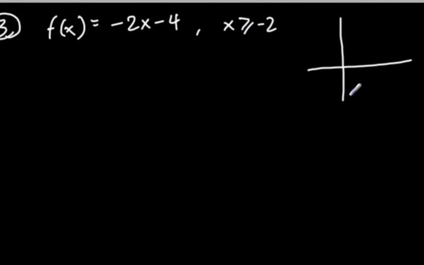So normally this would be facing down, and here's negative 4, and it would be going downwards like that because of the negative 2. But now they're saying x is greater than or equal to negative 2, so we need to find the y-coordinate where it stops.